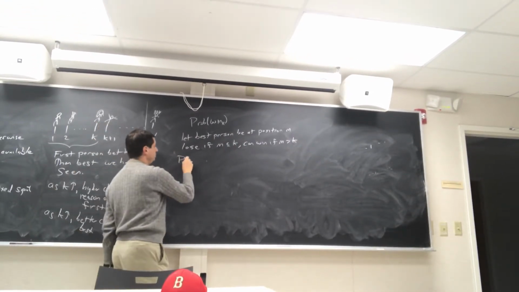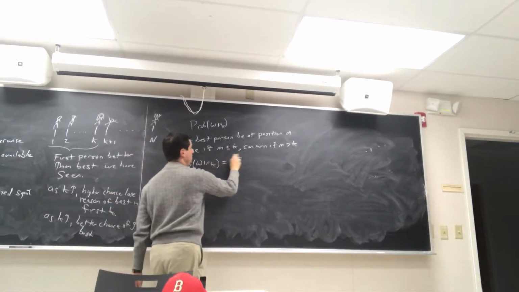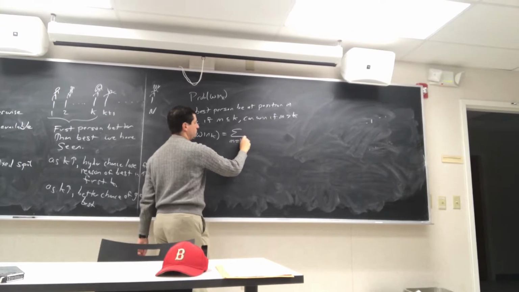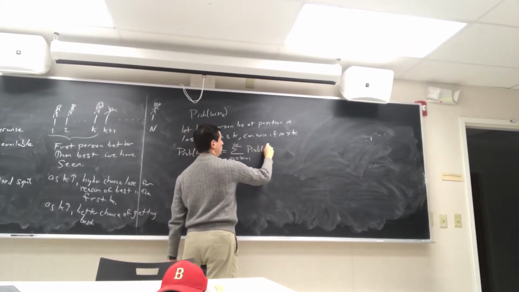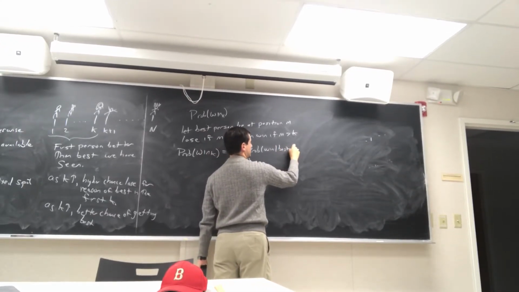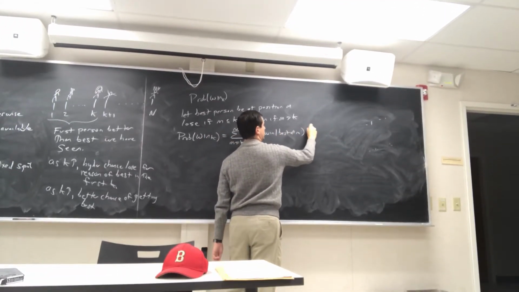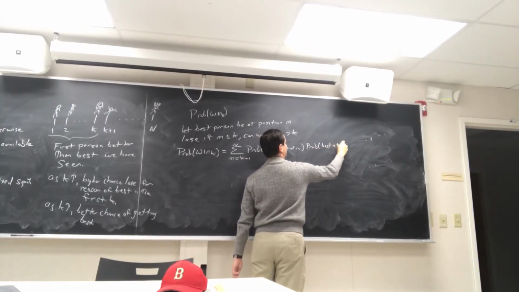So the probability that we win is going to be the sum, m goes from k plus 1 to n, of the probability we win given best at m times the probability best at m.